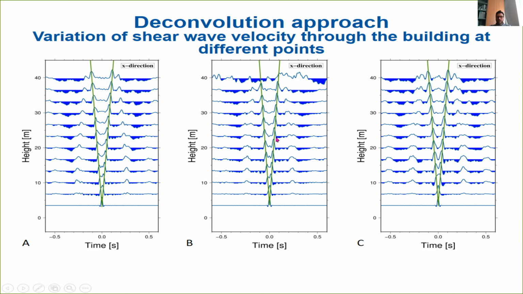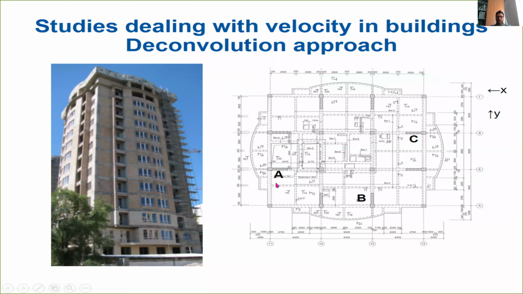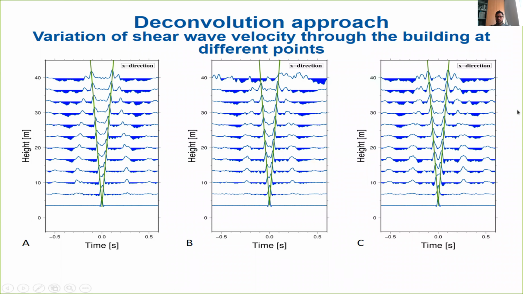This is important also to estimate characteristics, or changes in the characteristics, of the structure depending on the position in the building. I remind you that point A is here, this is point B, and this is point C. So you can identify some changes in the characteristics of the structure.